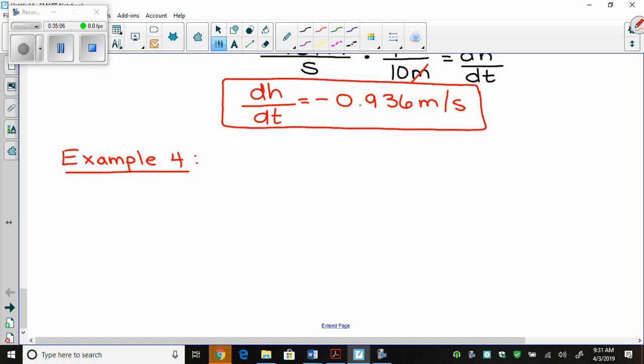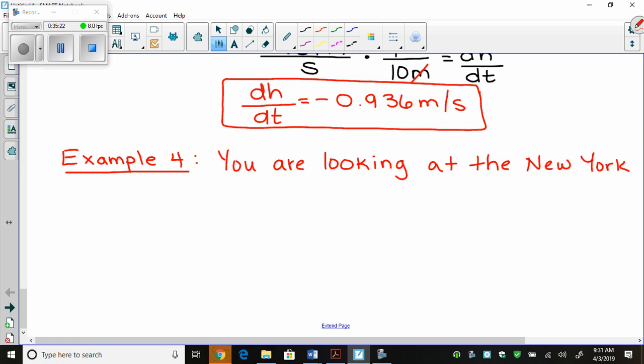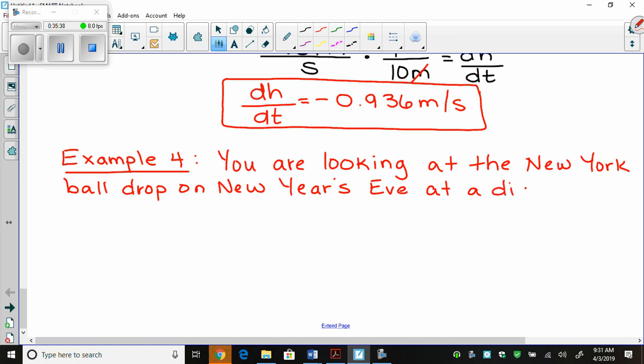Okay, you are looking at the New York ball drop on New Year's Eve, at a distance of 100 meters away from the base of the structure.